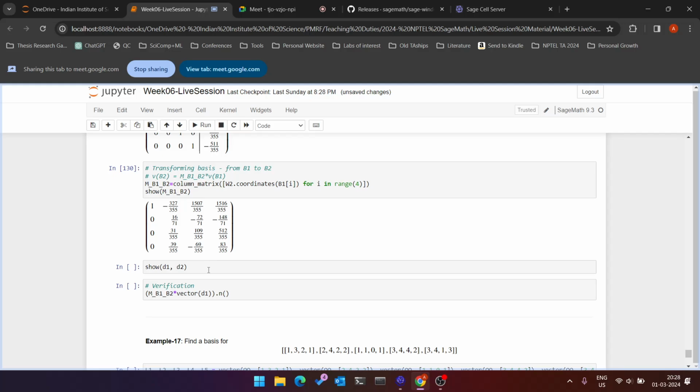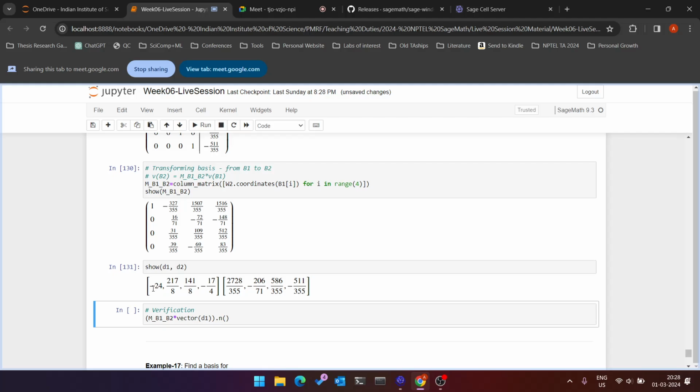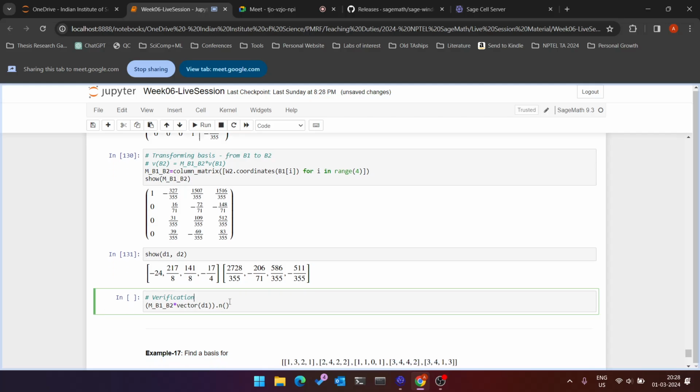Okay, now if I get the coordinates, d1 is the coordinate with respect to basis b1. This is d2, which is the coordinate of vector v with respect to basis b2. To verify our relation, we'll be multiplying our basis transformation matrix with our vector d1.